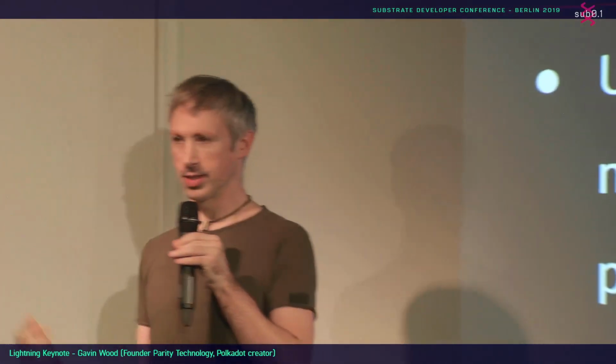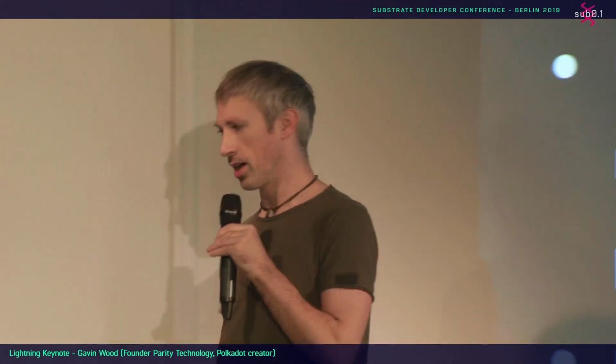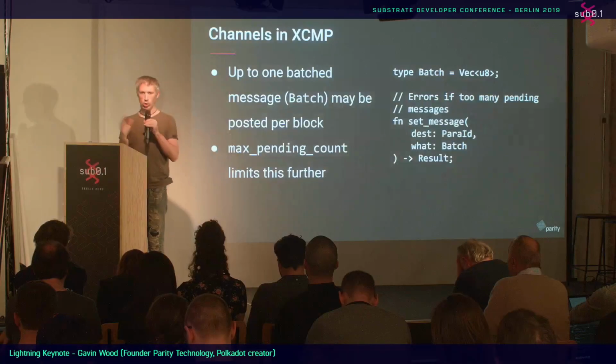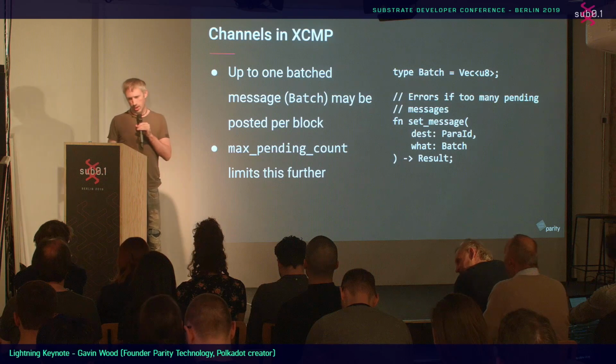You can think of it literally as that: all of the messages that this particular parachain is sending into this channel at this block just get glued together into a big vec. It's all serialized anyway, so it's just a big opaque blob, and we call that the message at this point, but actually it's the batch of all these messages.